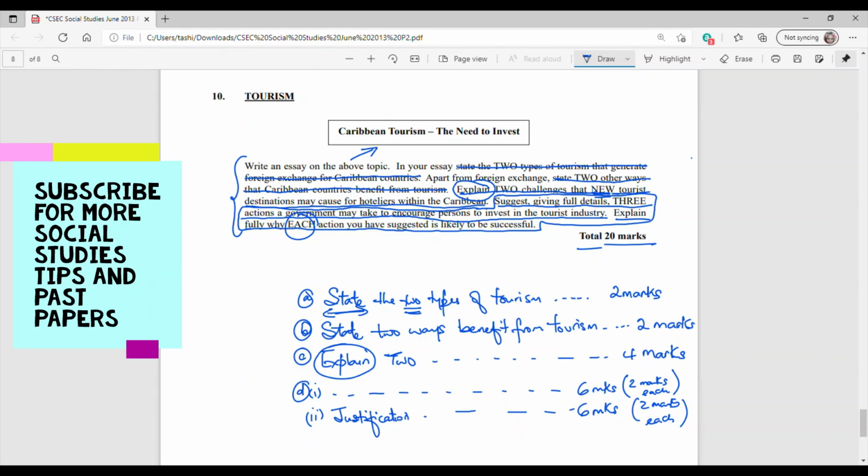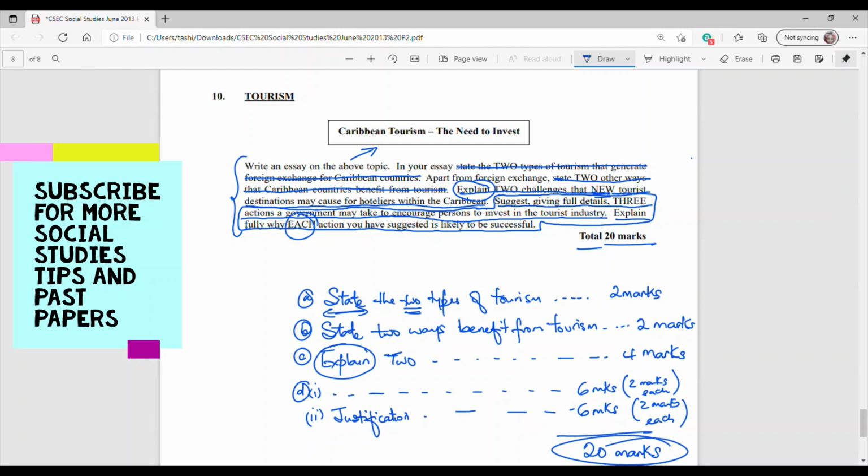So when we check this up now, in total, we have 6 plus 6, that is 12. 12 plus 4, that is 16. 17, 18, 19, 20. So we would have had our full 20 marks for our essay.